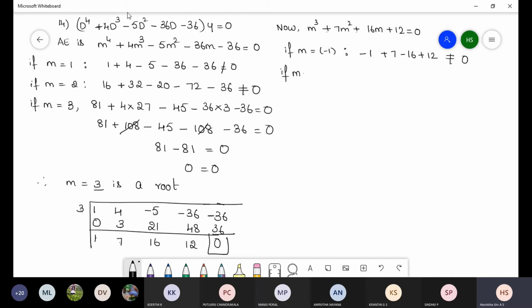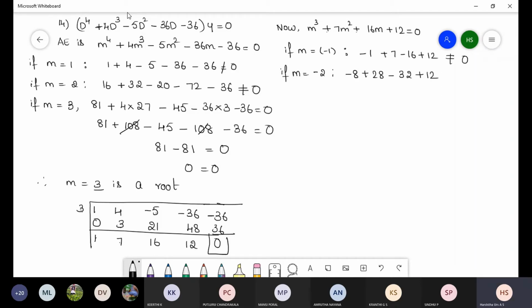If m is equal to minus 2, so minus 8, 4 into 7 is 28, again minus 32 plus 12. Wait a minute, 4 sevens are 28, yes.